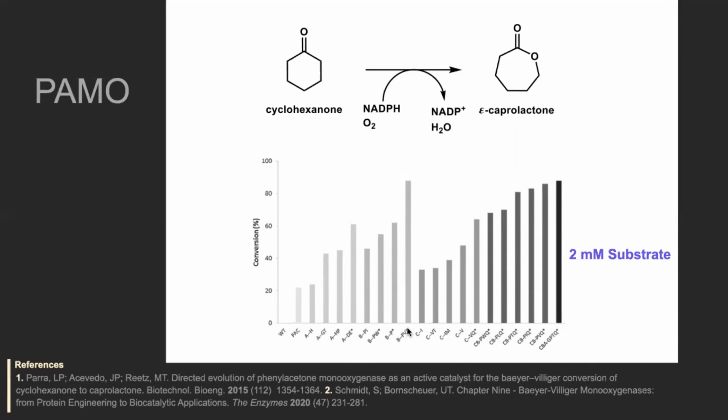The stars indicate that with this variant, a longer incubation time would lead to 100% conversion. However, you can see that the substrate loading was only 2 millimolar, which is quite far from being industrially applicable.